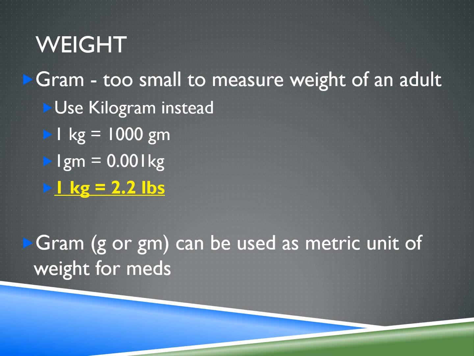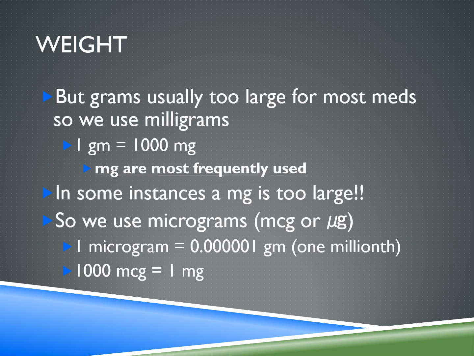But both g, a lowercase g, or GM are the appropriate abbreviations for gram, and you will see those used interchangeably. Now, as I said, grams are usually too big for most medications. If you just look at the normal dose of most medications, they're in milligrams. So 1 gram equals 1,000 milligrams.